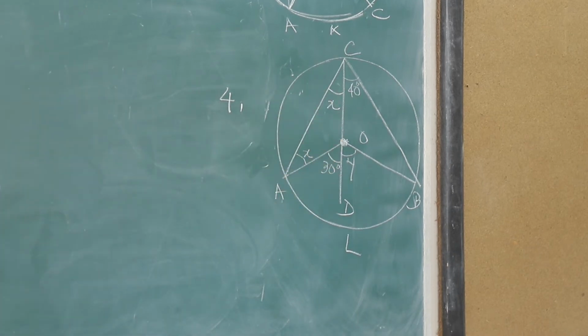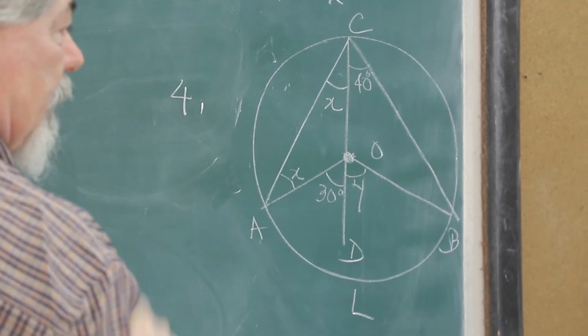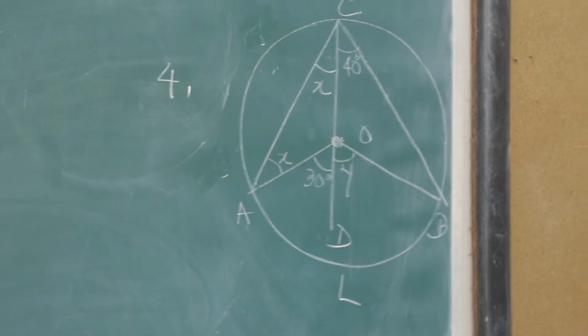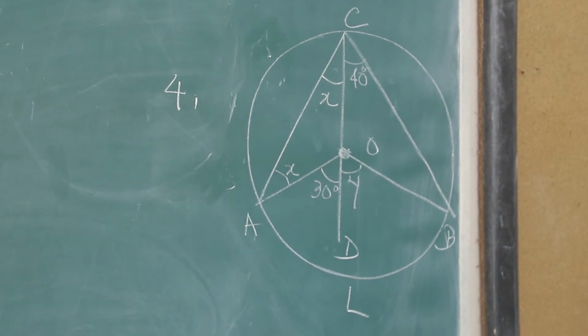We know the property that the exterior angle of the triangle AOD is the exterior angle. So AOD will be equal to the sum of the interior opposite angles. So X plus X will be equal to 30 degrees. When I write exterior angle of a triangle, you need to write the complete property that the exterior angle of a triangle is equal to the sum of the interior opposite angles.